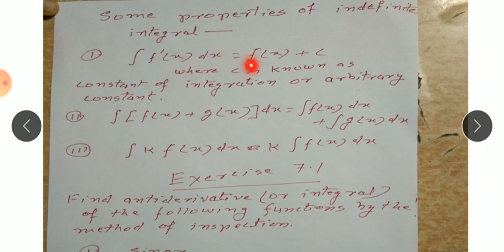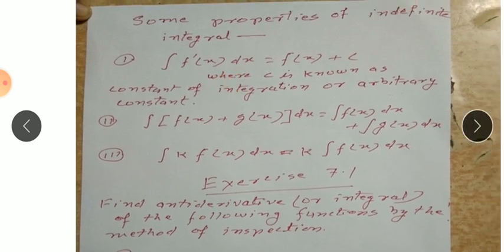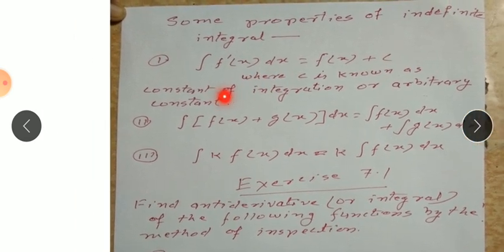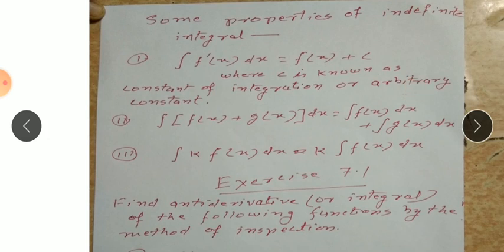Now after it we are getting function f x plus c, where c is known as the constant of integration or arbitrary constant. The second property is integration of function f x plus g x. See, here are two functions, the sum of two functions. We can separate it, first function plus second function.